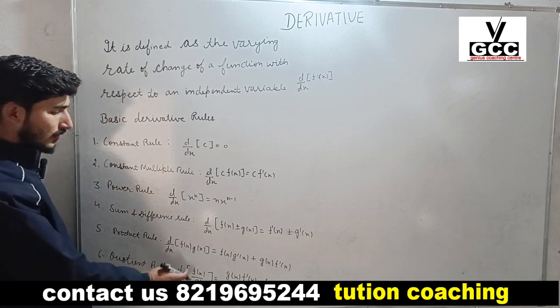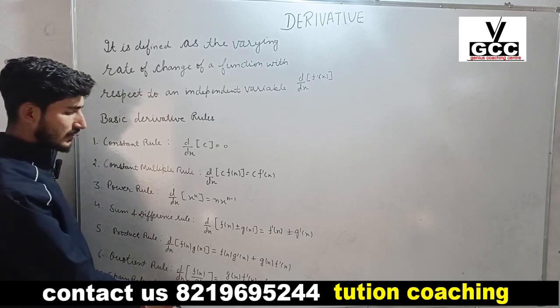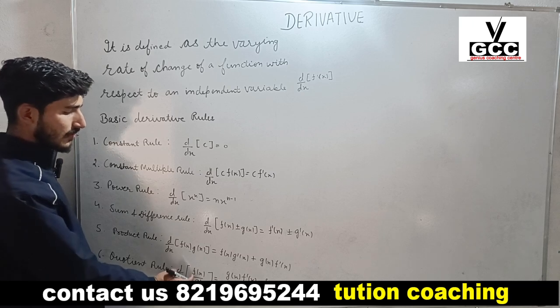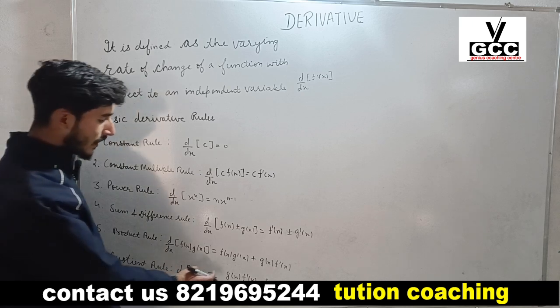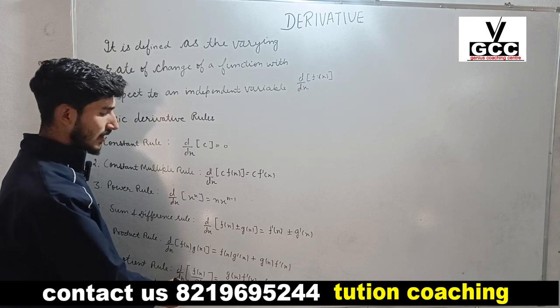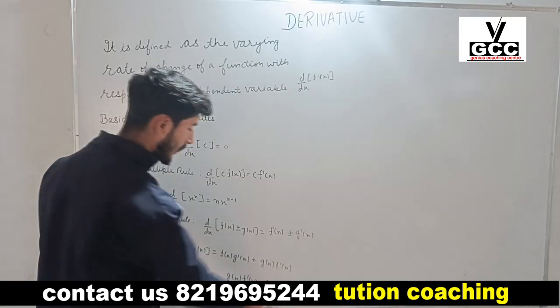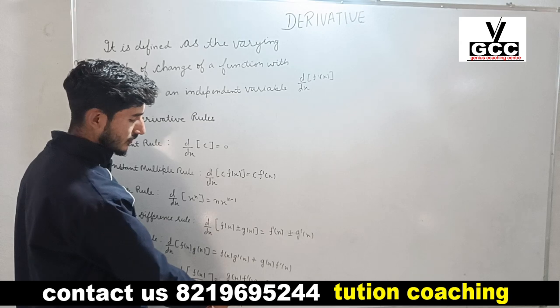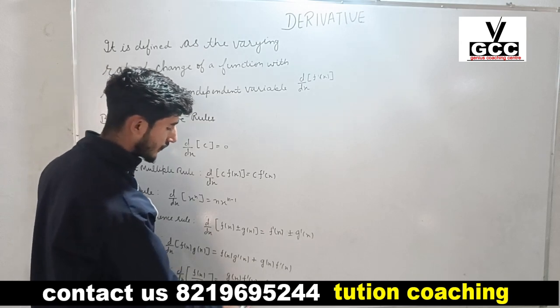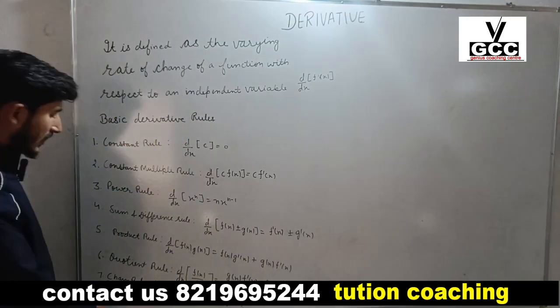The quotient rule states that the derivative of f of x upon g of x is equal to the second function times the derivative of the first function minus the first function times the derivative of the second function, upon the square of the second function.